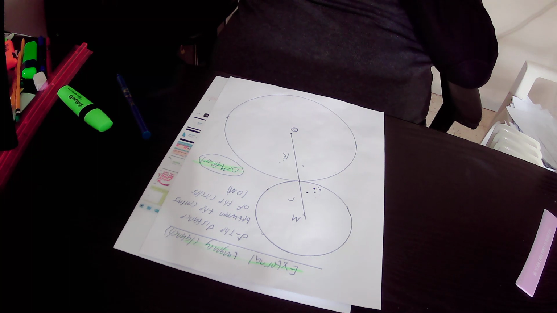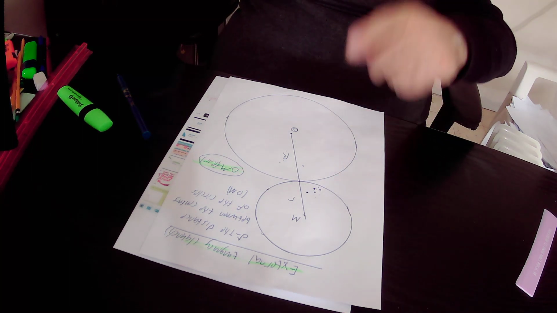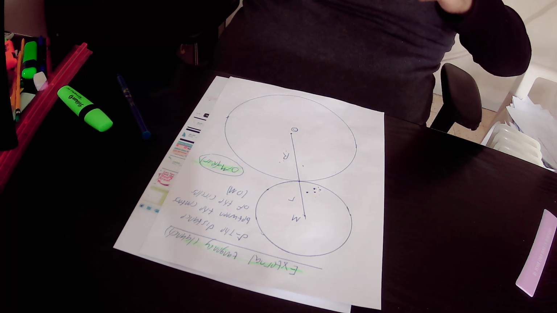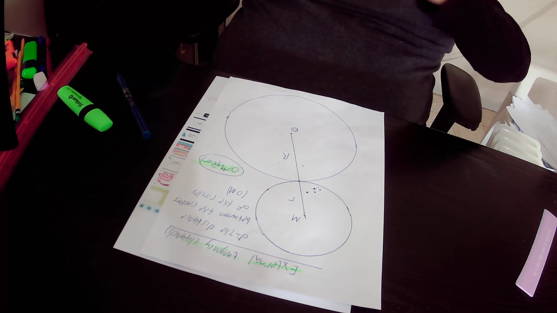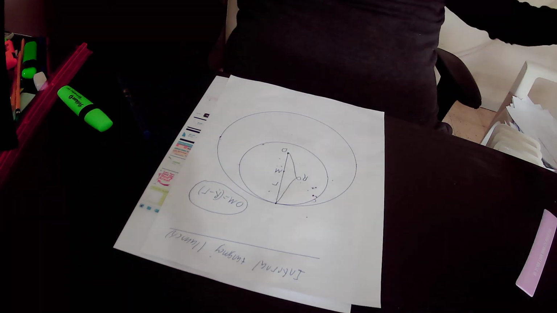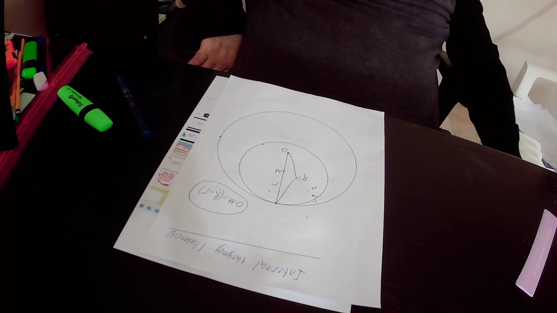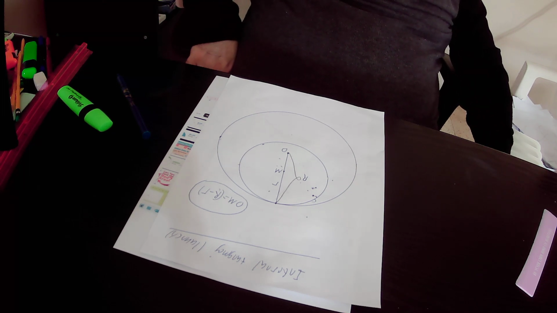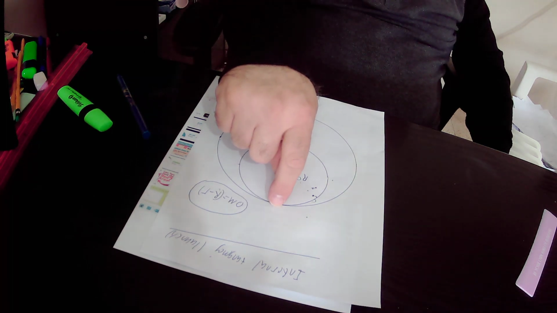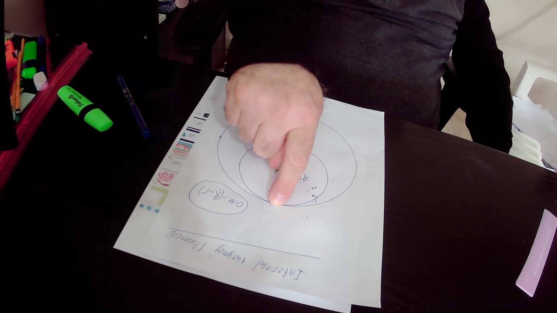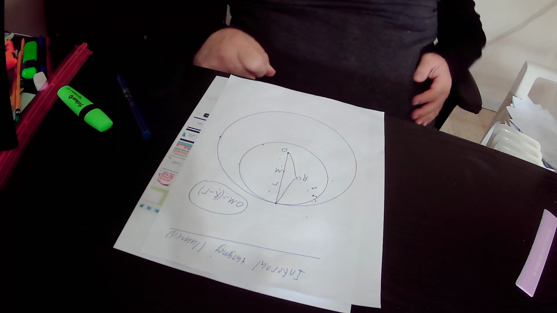And in this case, the distance between the centers of those two circles will be equal to the sum of the lengths of their radii. This is to say, it will be equal to small r plus capital R. And we also have a second type of tangency between two circles. When two circles are touching each other internally, like in this drawing, those two circles are touching each other internally at this point, then we are talking about the internal tangency.